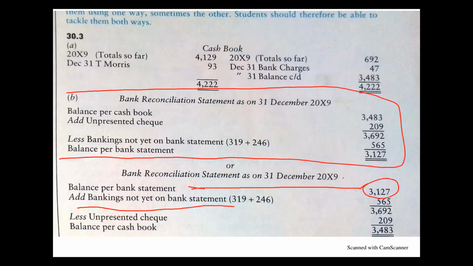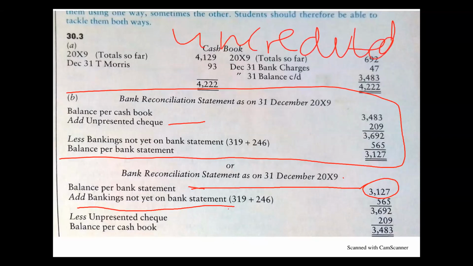Here you are adding unpresented checks. Now here you will add to the balance per bank statement the uncredited checks.